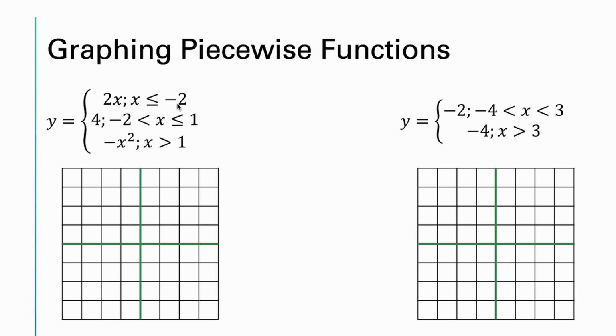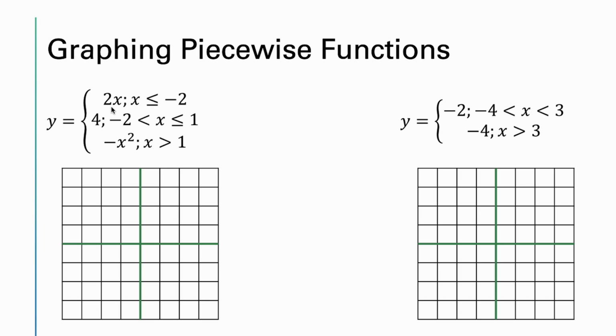So when we're plotting x is less than or equal to negative 2, we would put it here on the number line and put a closed dot. But we can't put it here because that's the wrong coordinate. We also have to take the y-axis, right? So what we have to do is we actually have to plug in this x value for 2x.